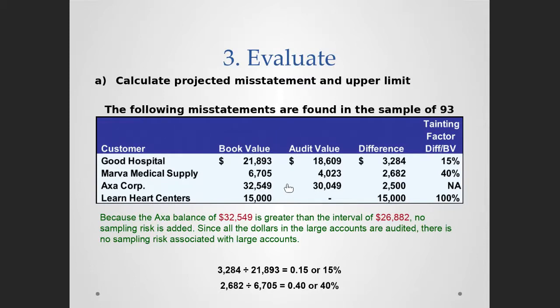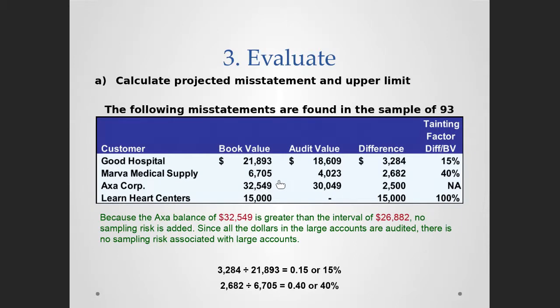In the category of large numbers like the one in AXA Corporation, the total error is 2,500, because we have not left in the population a single amount that is as large as that, except we verified it. So all the other large numbers that are greater than 26,882 were in our sample, and we confirmed all of them.